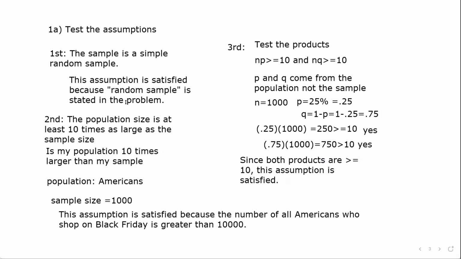You don't have to write the sentences. I'm doing that so that you'll be able to follow. But remember, the question she asked is, are the assumptions satisfied? So what you do have to write at the end of it, after you've tested it, is something like this.